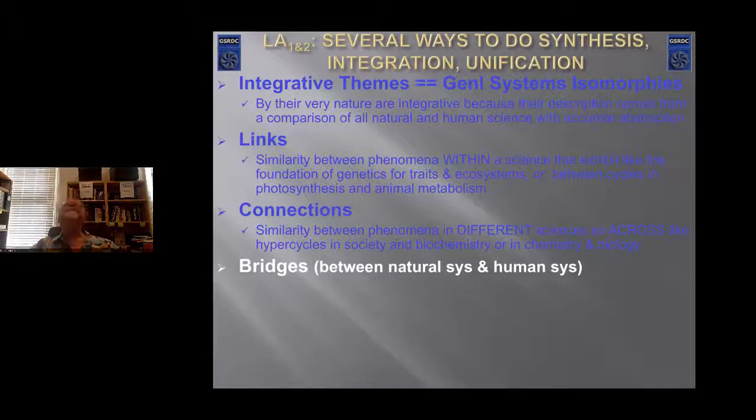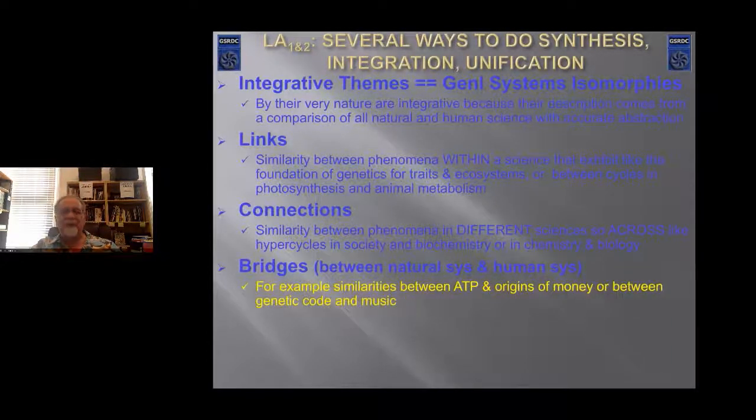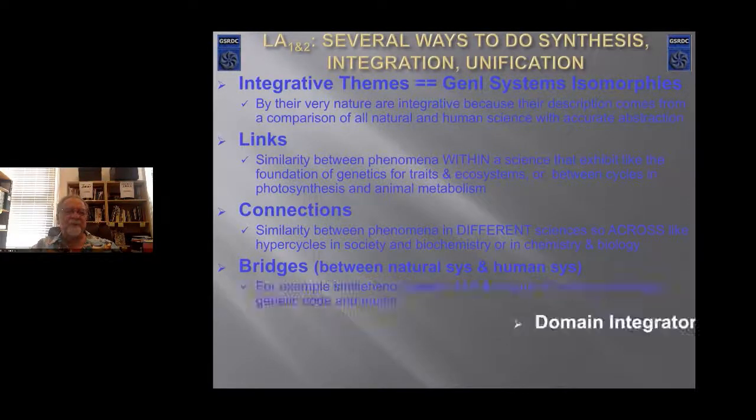But one of the most fascinating ones for those who are artistic minded were the bridges between natural systems and human systems. I'll bring this up when I talk about the ATP and origins of money, or between the genetic code and music in terms of hierarchy of sequences. There are very significant similarities between human systems and natural systems that most people get nowhere else.